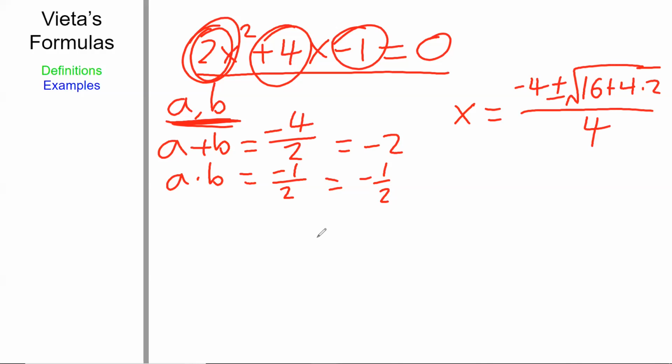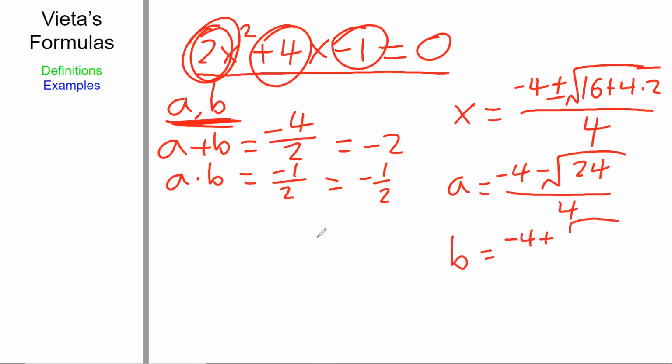So the quadratic formula would tell you that a equals negative 4 minus the square root of 16 plus 4 times 2, which is actually 24, over 4, and that b is equal to negative 4 plus root 24 divided by 4. That's what this plus or minus sign means.